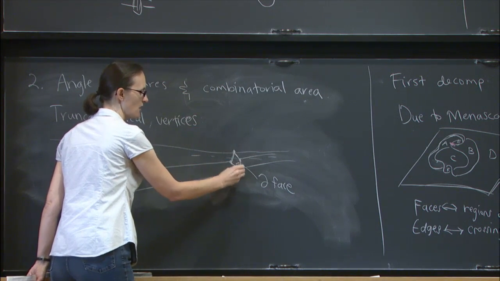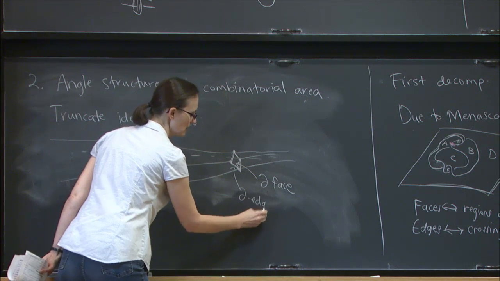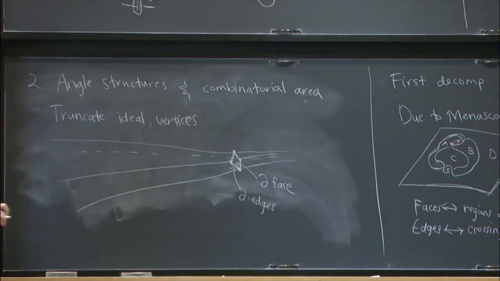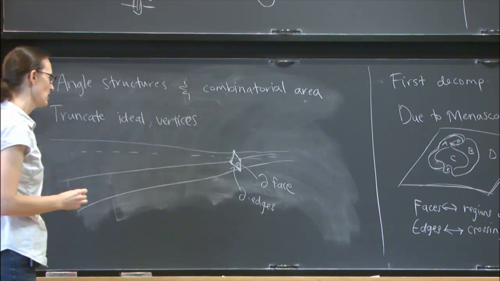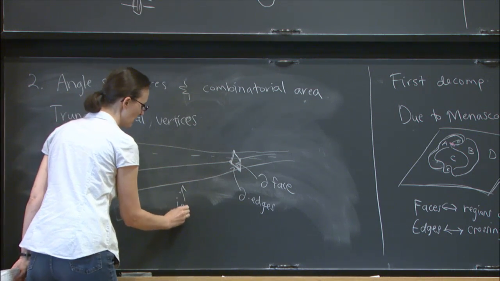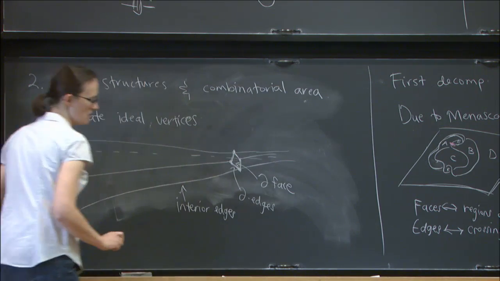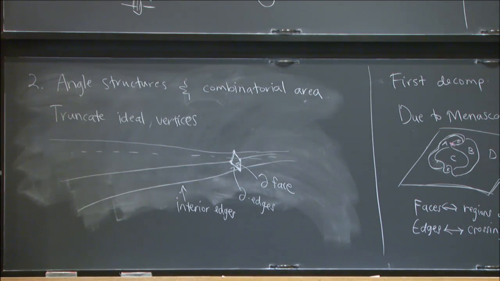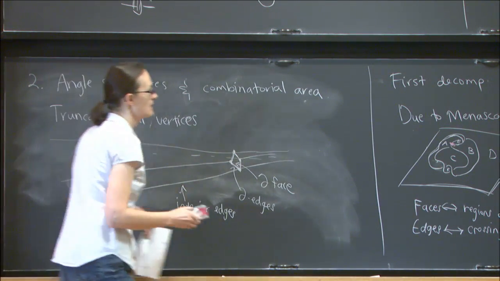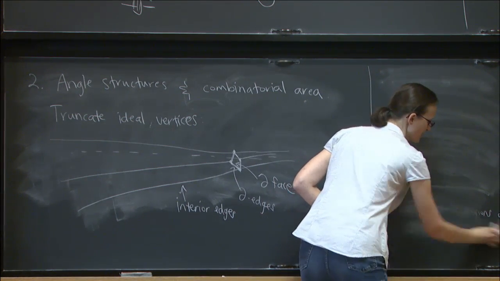We add these extra edges, which I will call boundary edges. And so this gives me, instead of an ideal polyhedron, a finite polyhedron. The edges that are left over will be called interior edges. So these were original edges. Okay. So here's the Monasco decomposition.